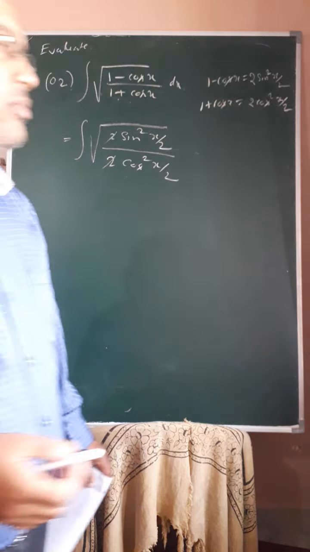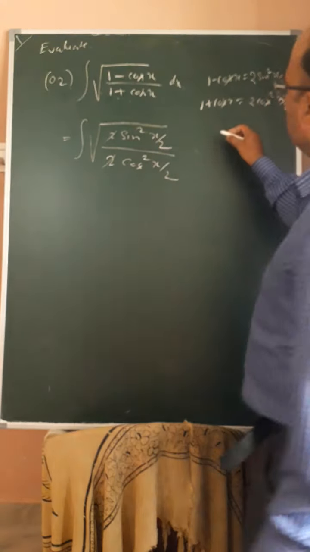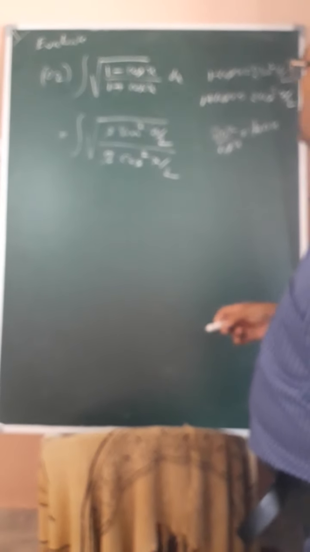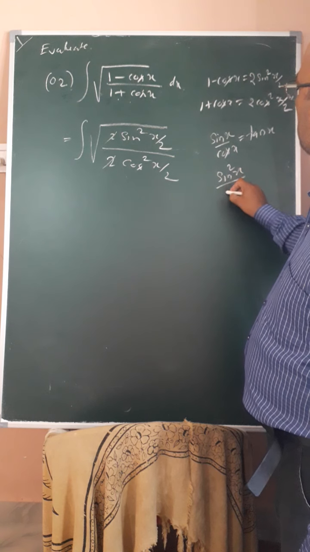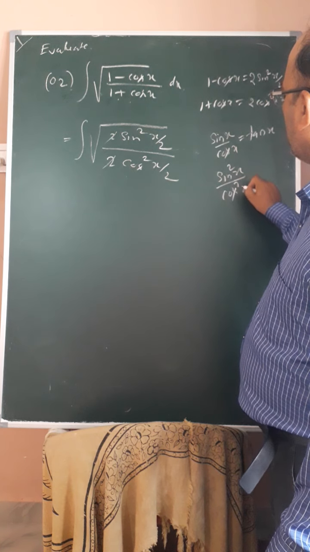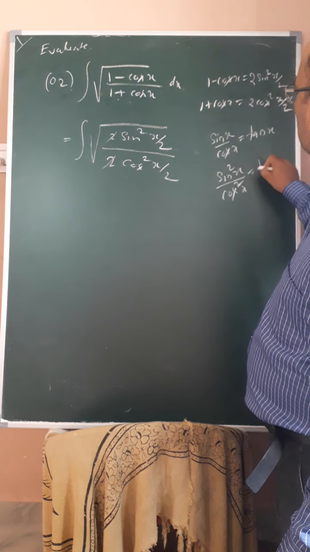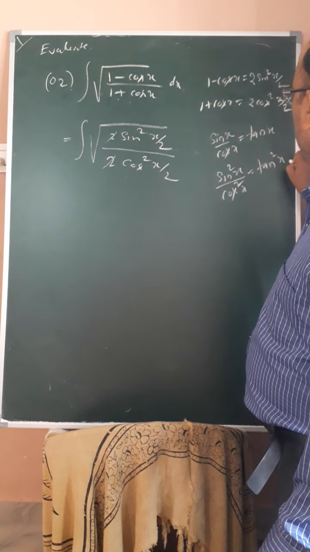Yesterday I told another small formula, a trigonometric identity, that sin x by cos x is written as tan x, and sin square x by cos square x is equal to tan square x.